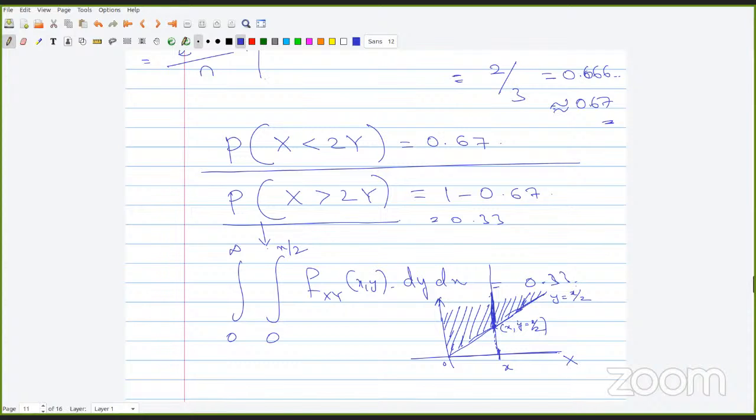Y will take a different set of values, and how different it is also depends on x. So you have to compute for every x what range of values y will take, and only then can you describe this entire region precisely. I think that's exactly what Srikanth has said.